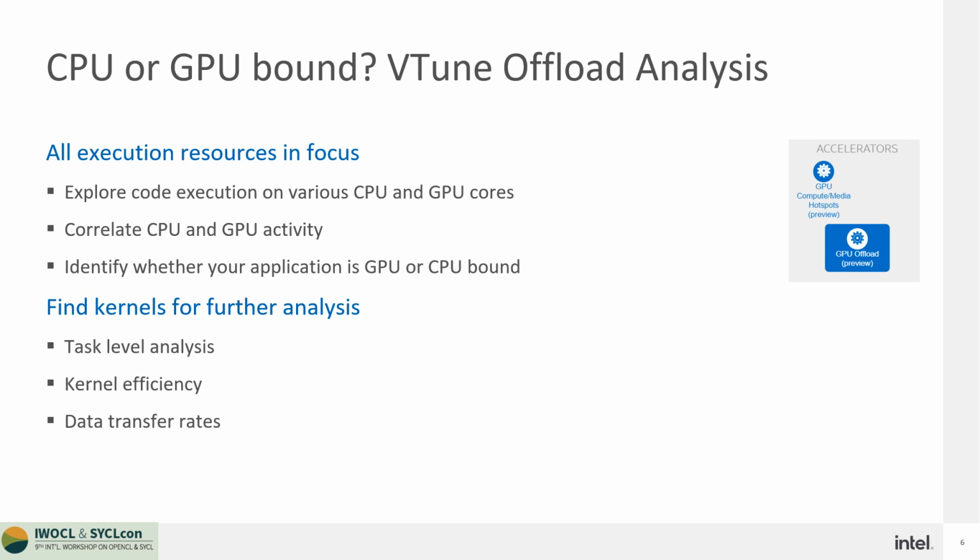That helps to find the best candidates for further analysis based on each task, and to find out whether the execution of kernels was effective or not, whether the data transfers were the main bottleneck, or whether it was a pure execution performance problem.